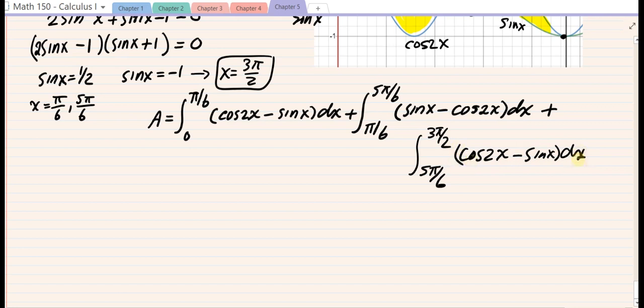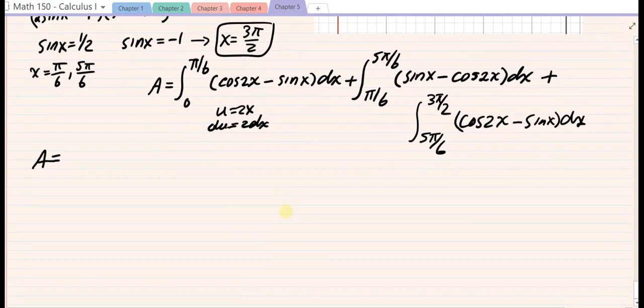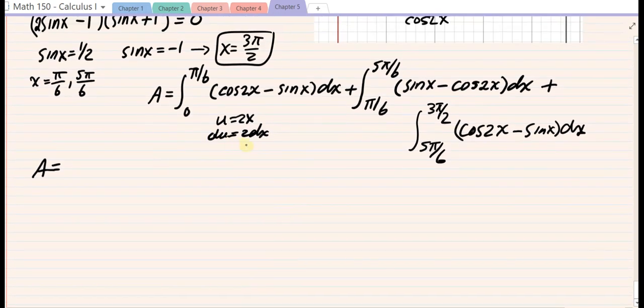All right. And then we have to just do the integration now. The integral of cosine 2x, you can make a u substitution here and let u be 2x. So du would be 2 dx, and therefore 1/2 du would be dx.